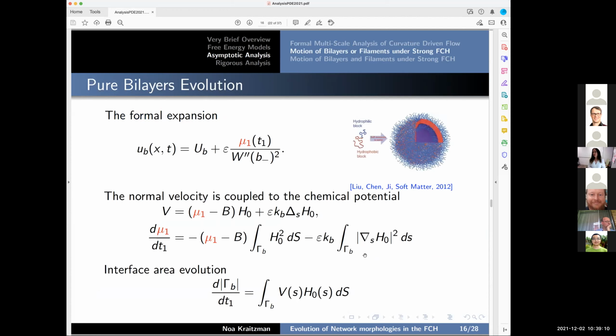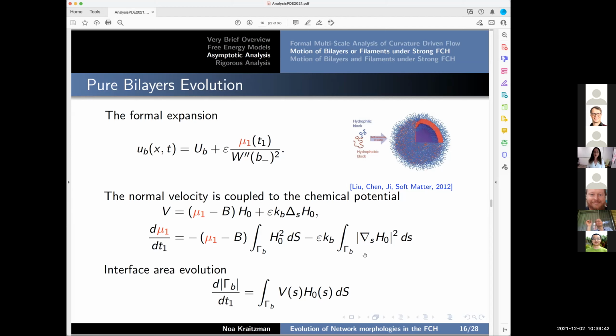We're going to start by looking at two separate systems. I'm going to take a system that has only the bilayers in it and a system that has only the filaments in it. For the pure bilayer system, we get an expansion of this form, where u_B is the homoclinic solution that we introduced before, perturbed by a small perturbation that depends on the chemical potential.